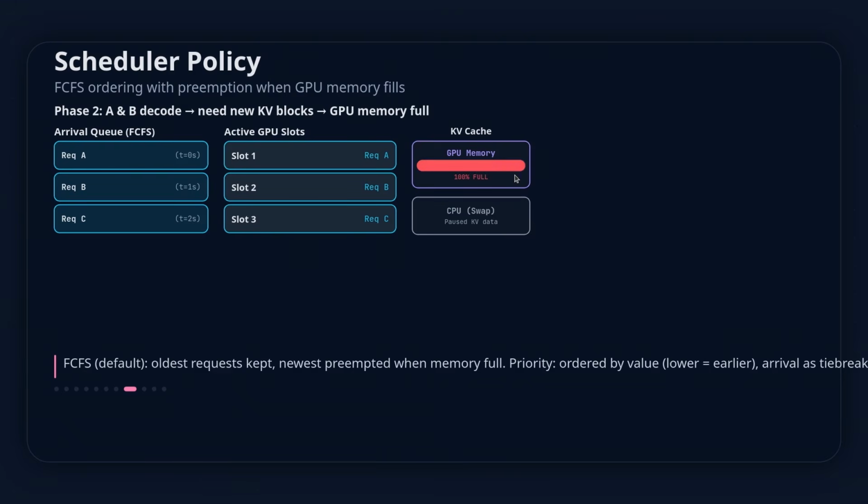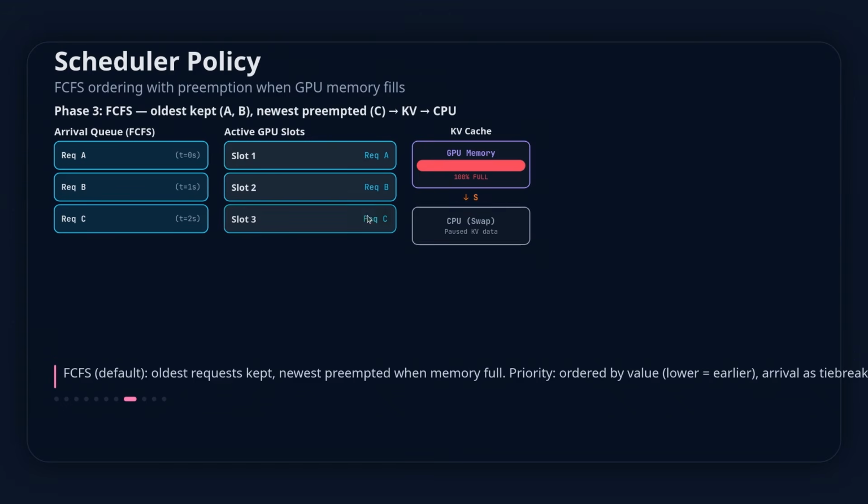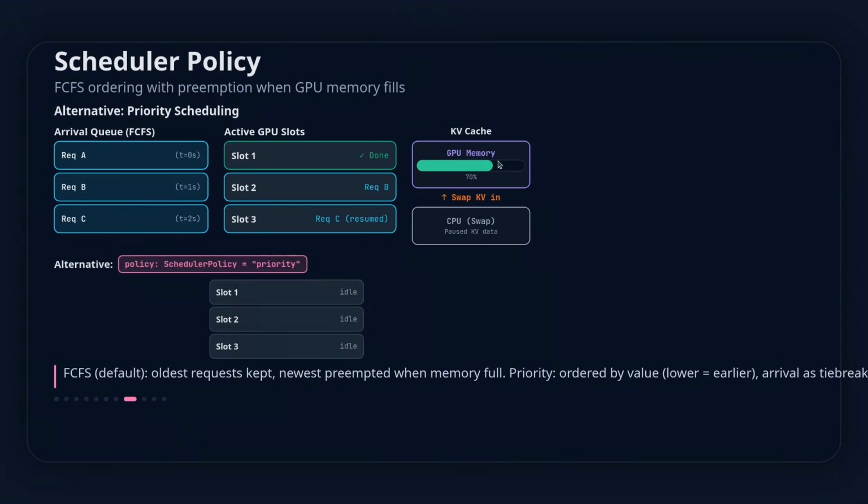Now what happens when it gets full? As we use the first come first serve policy, one of these requests, the last one that arrived, C at time of 2 seconds, will be preempted, so swapped to the CPU, and we stop using its KV data so we can finish the first request. Now when it finishes, the slot 3, so request C, is resumed because we have free GPU memory, and so on.